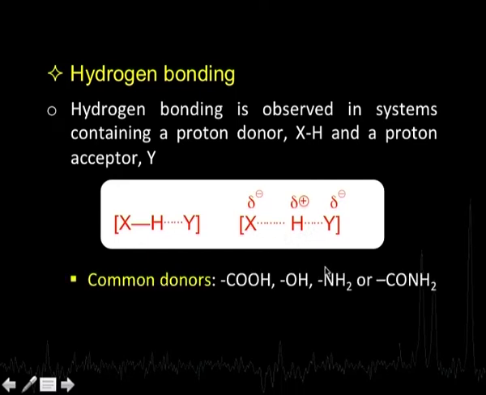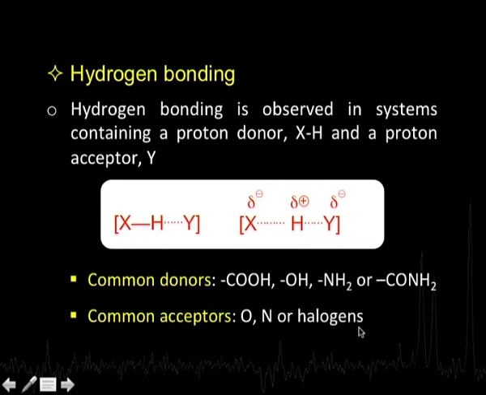Typically common donors, that is X, could be a carbonyl group, an acid, or an OH, NH2 or CONH2, and Y could typically be oxygen, nitrogen or a halogen atom. That means this is part of the second molecule or same molecule, another atom over there. Now, what happens as a consequence of hydrogen bonding?